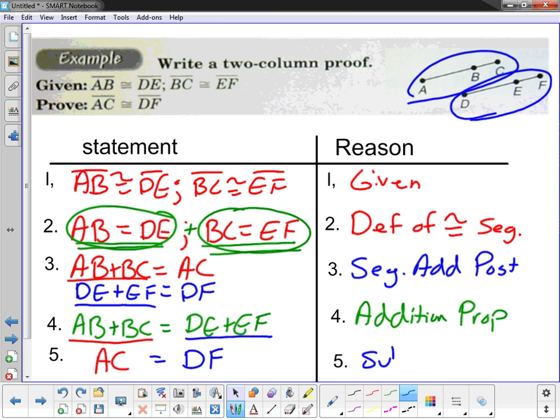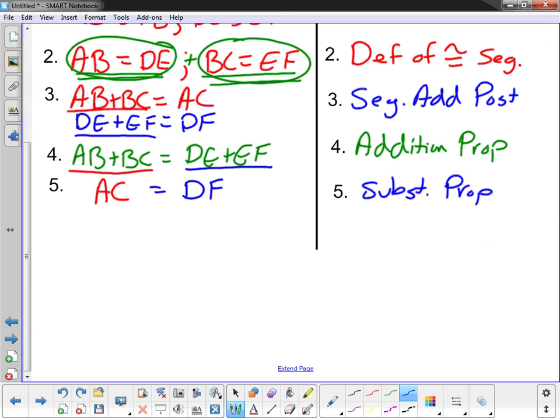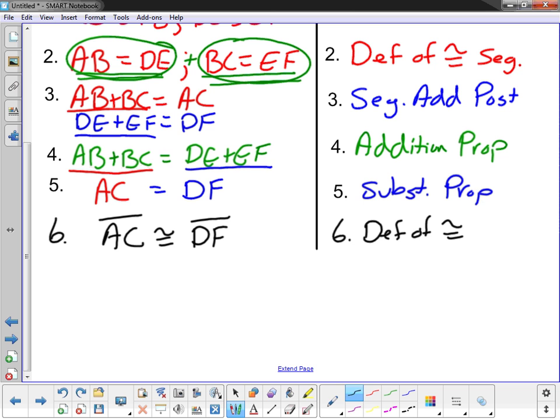So that is just substitution. And that's a property again. Now, I'm not done because I had to prove that they were congruent. So my next statement here, I have to do one more, is I'm going to say segment AC is congruent to segment DF. And our reason for it, again, goes back to the definition of congruent segments.